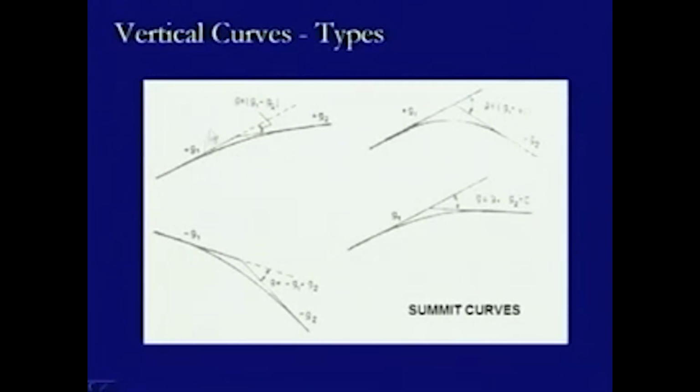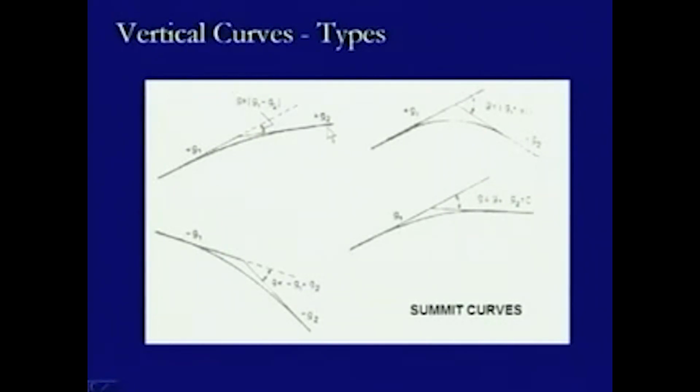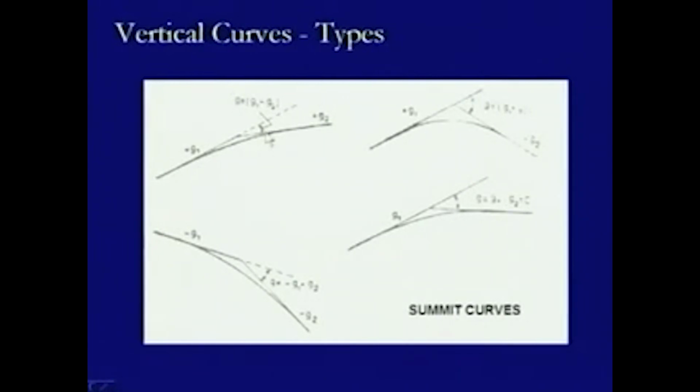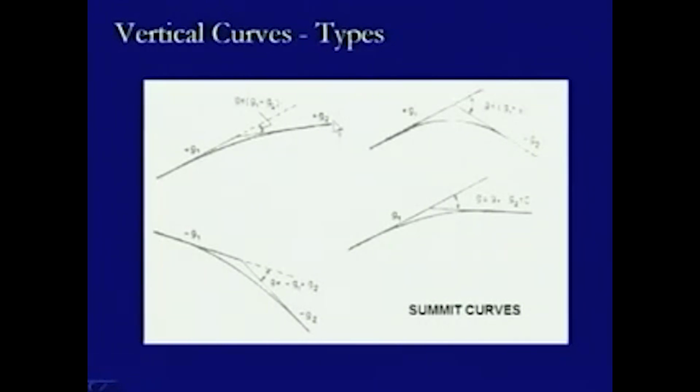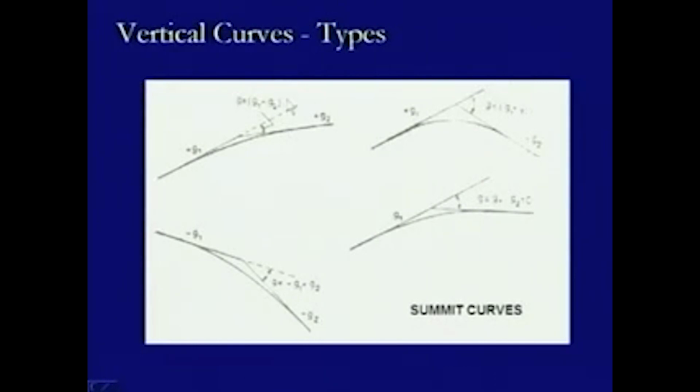Now, in this case there is a change of direction from plus G1 to plus G2, and this change of direction is depicted here by this angle G, which is nothing but the algebraic difference between the two gradients. So plus G1 minus plus G2, that is G1 minus G2, will be the value of G, that is this deflection.